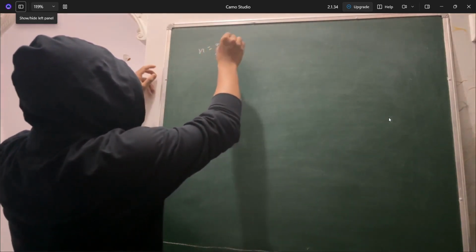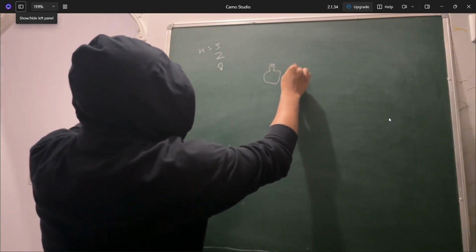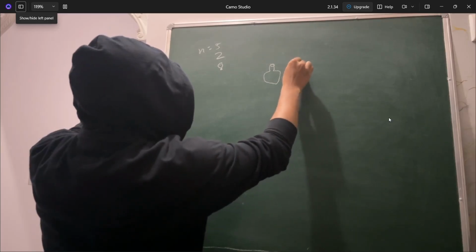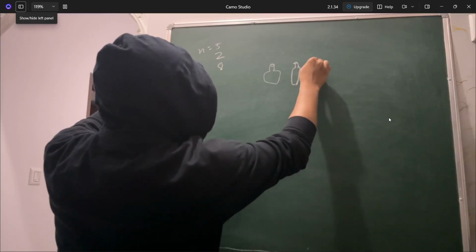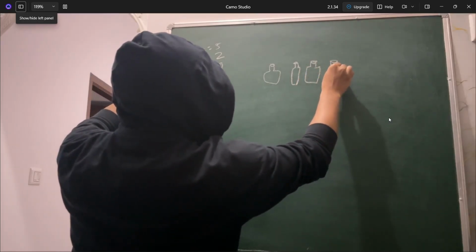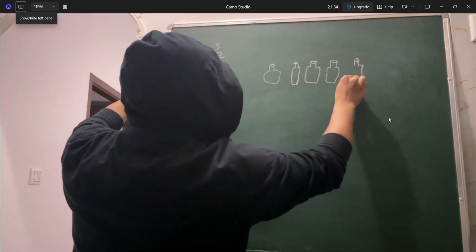N is basically 5 empty water bottles. Pardon me for drawing the water bottle. These are 5 water bottles, and those are all empty.